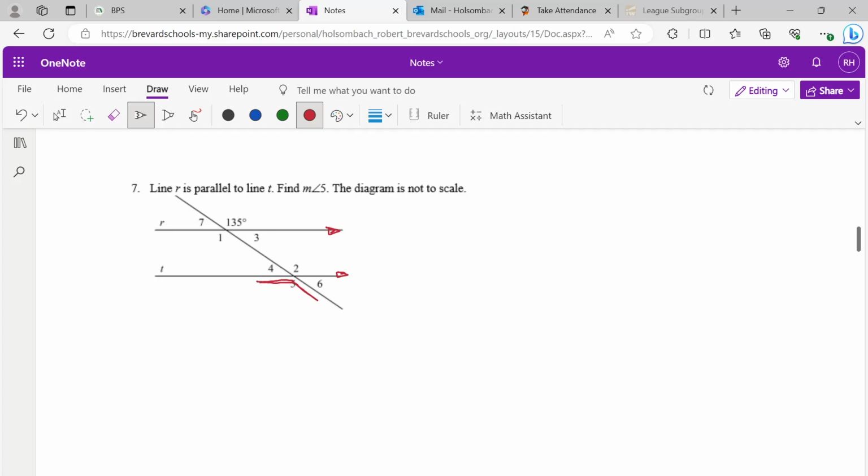And we're given this angle up in the top right. The relationship between those two angles, they're alternate exterior angles. And alternate exterior angles are congruent. So the measure of angle 5 is equal to 135 degrees.